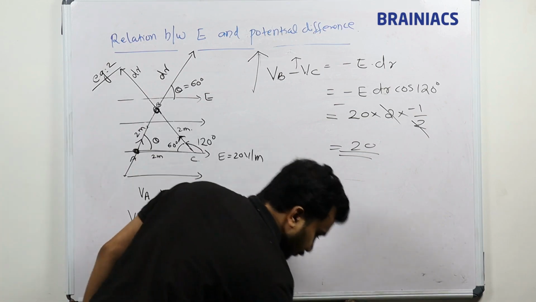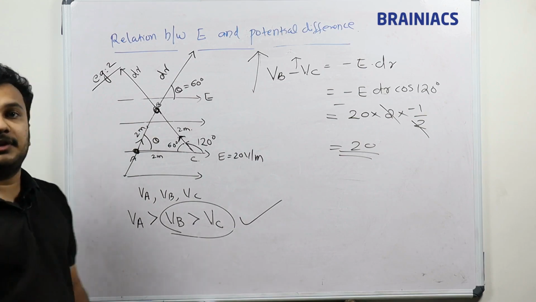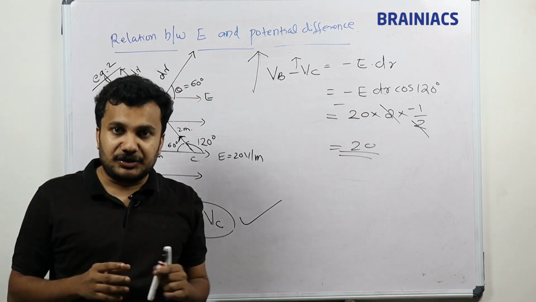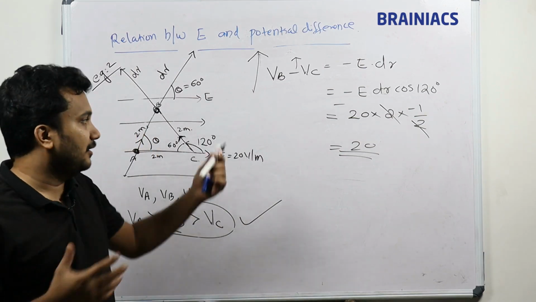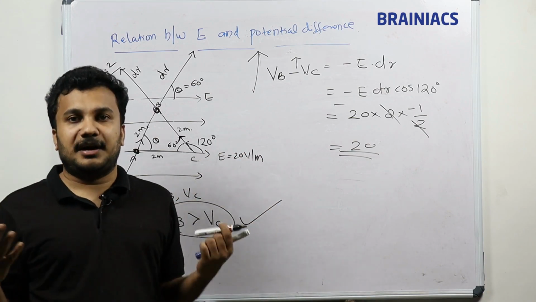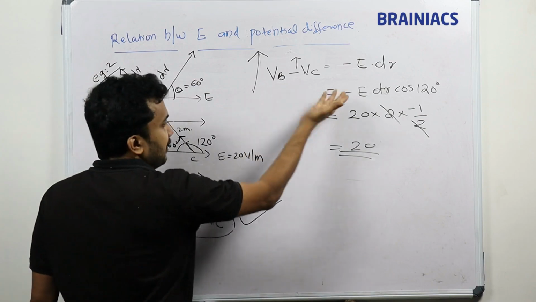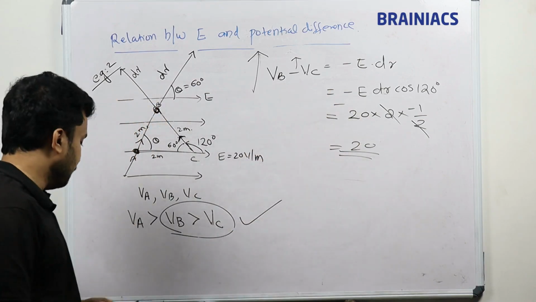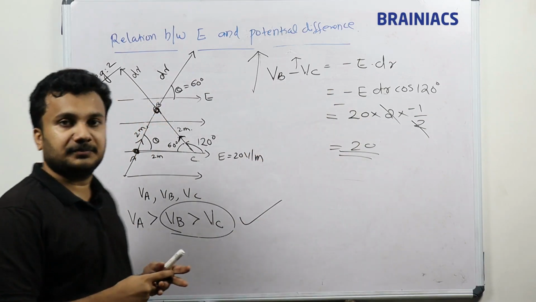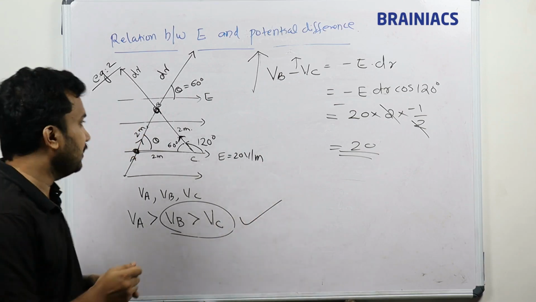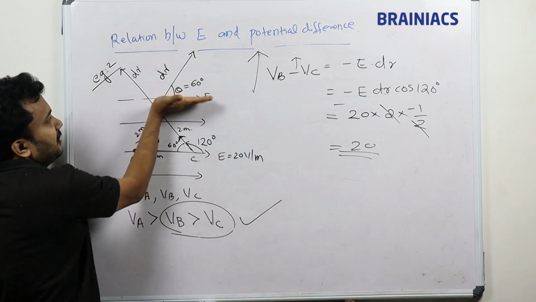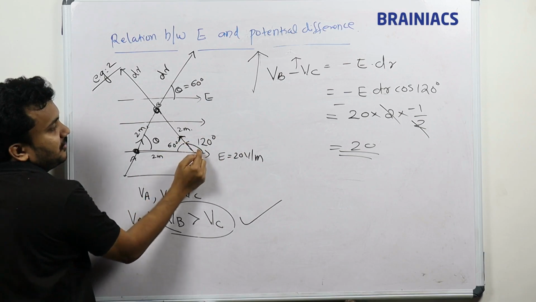Along the direction of electric field, potential is reducing, and if you take the higher value minus the lower value, it's a positive value. B is a higher value, C is a lower value, so you will get a positive value. It depends upon which direction you take. Here, with respect to E, the direction is 60 degrees, but if you take the other direction it is 120 degrees.